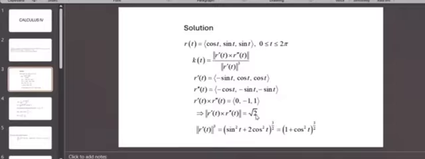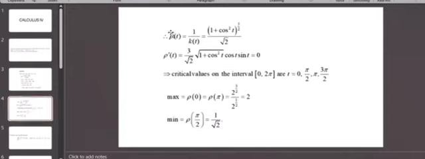The magnitude of the first derivative cubed is sine squared t plus 2 cosine squared t raised to 3 over 2. And since sine squared t is 1 minus cosine squared t, replacing sine squared t will give us 1 plus cosine squared t raised to 3 over 2.